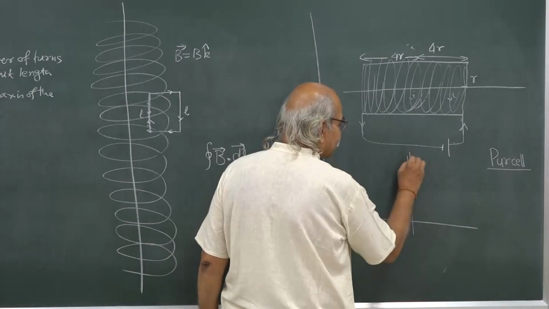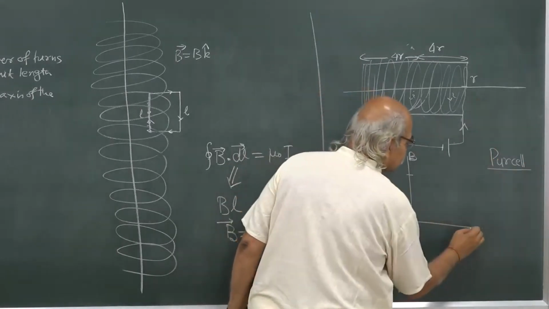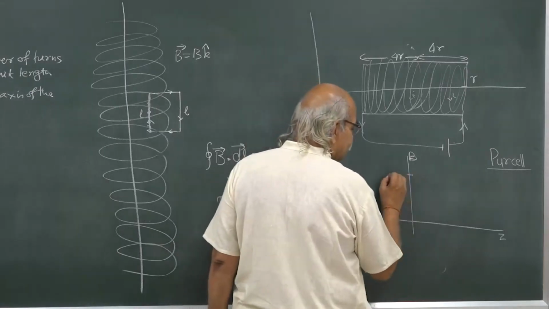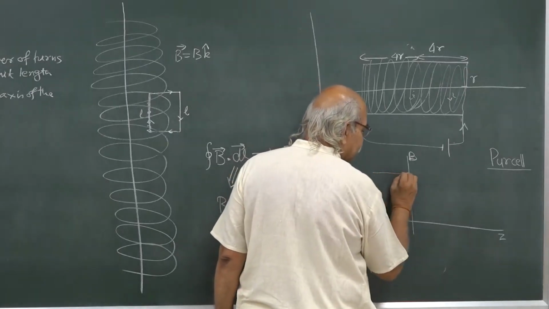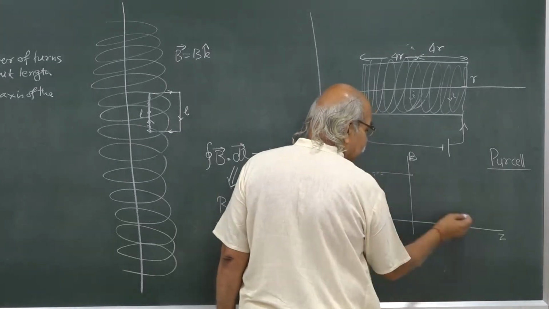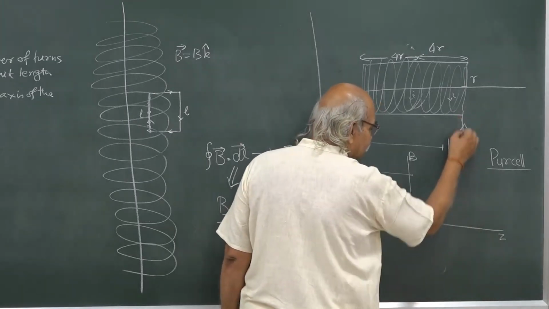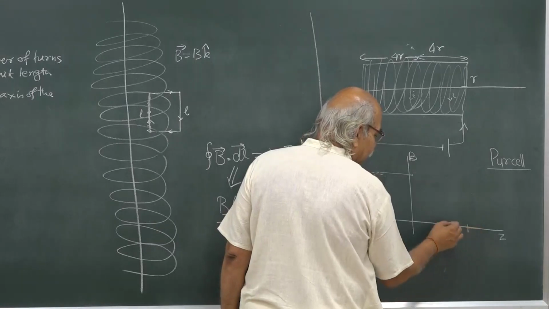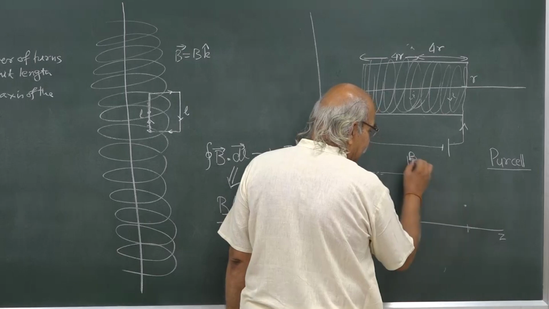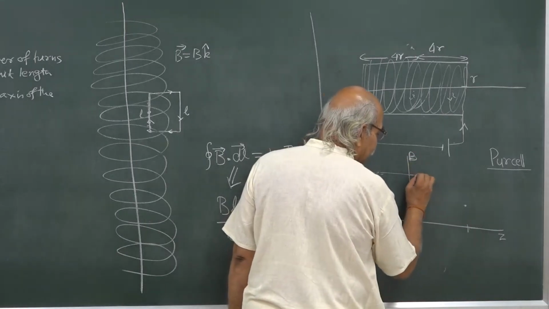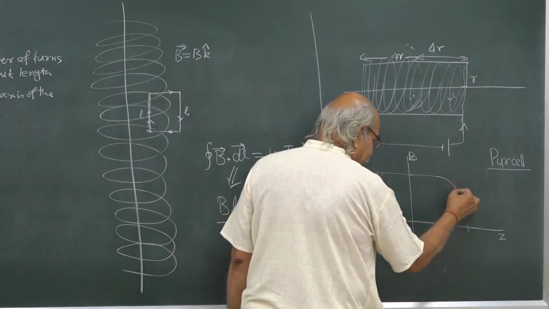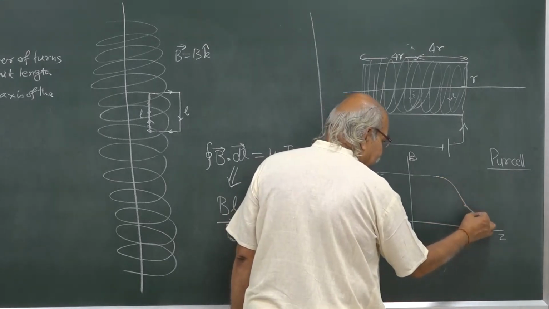and here is the magnetic field, and this is this direction, and then if you see the graph in Purcell, it's almost constant till this is 4r. So, here it will be half, and then the magnetic field will be almost constant, and then will fall like this.